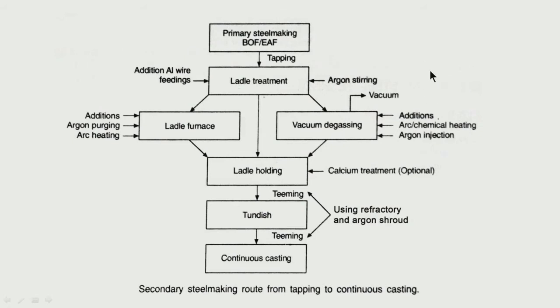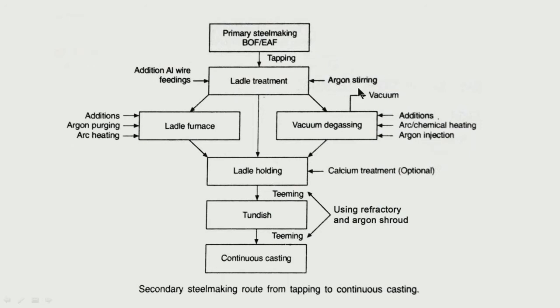So now what is going to happen? After we tap in the ladle, we are going to do ladle treatment. So what can we do? First I have to do deoxidation. So I can use aluminum wire feeding, which can do deoxidation.